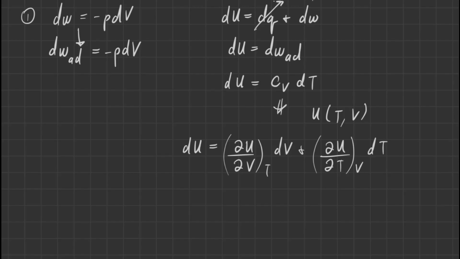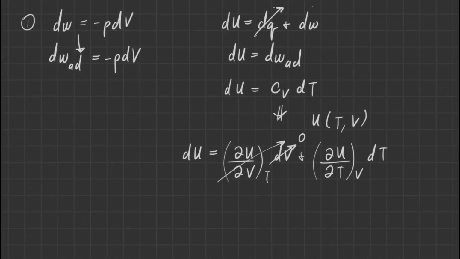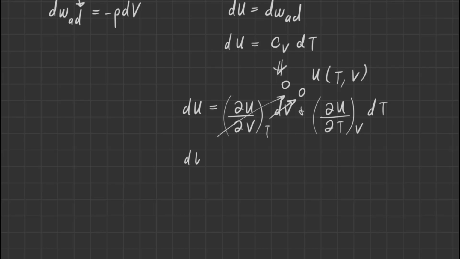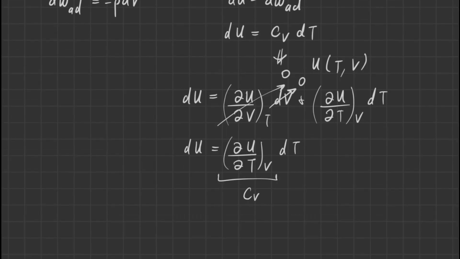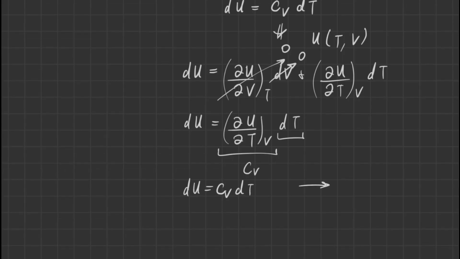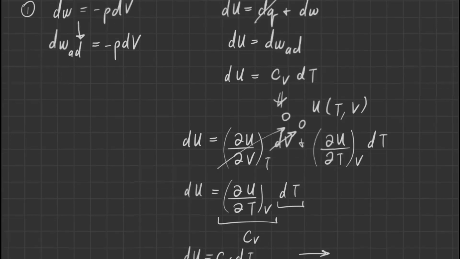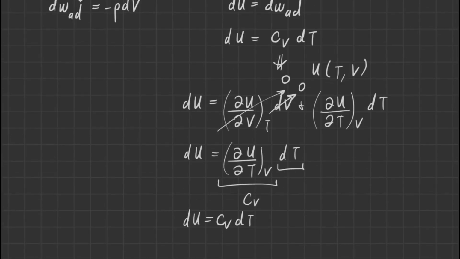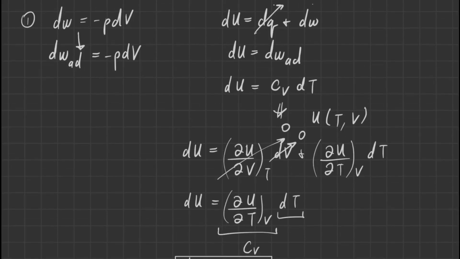In an isovolumetric setting, this is 0, this is 0, and dU is equal to partial U over partial T at constant volume dT. So this term is CV, this is dT, and that is where you get CV dT from. But this isn't to say that we're deriving this under a constant volume setting. That's just where this expression comes from.